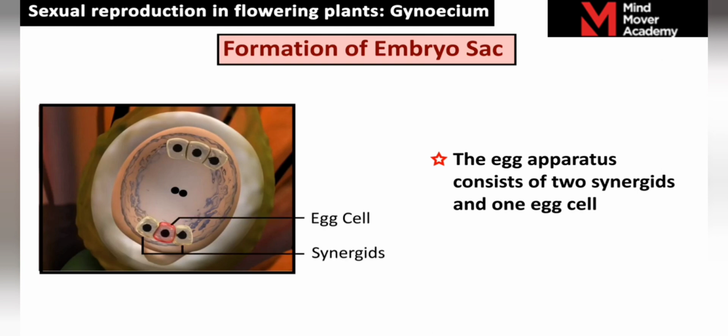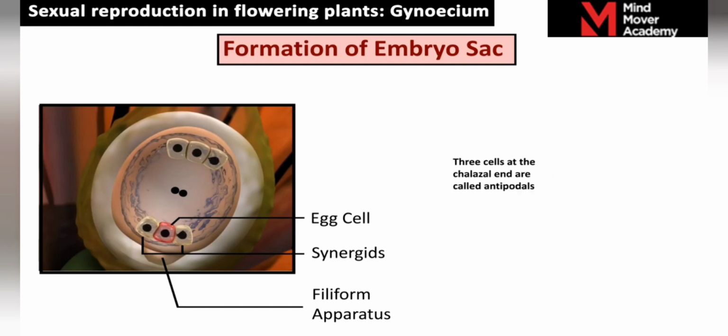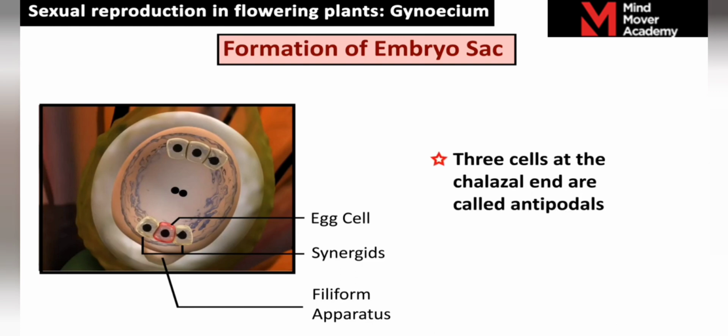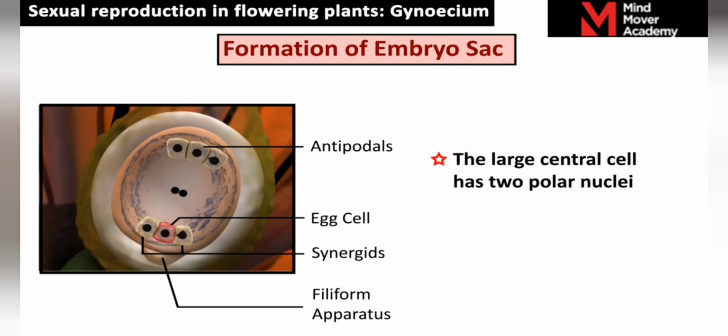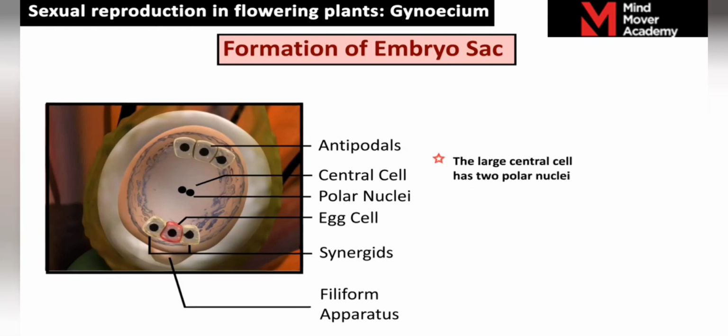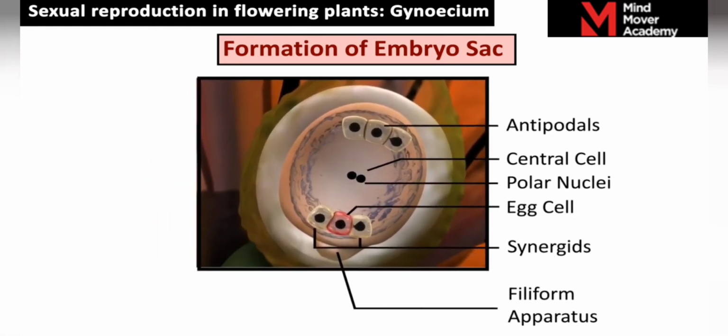The synergids have special cellular thickenings at the micropylar tip called filiform apparatus, which play an important role in guiding the pollen tubes to the synergid. 3 cells are at the chalazal end and are called the antipodals. The large central cell, as mentioned earlier, has 2 polar nuclei. Thus, a typical angiosperm embryo sac at maturity, though 8-nucleate, is 7-celled.